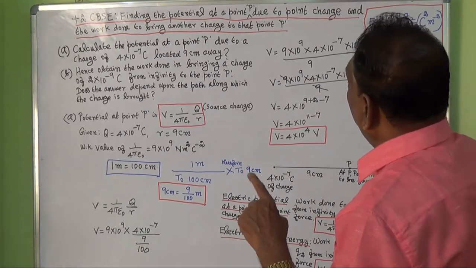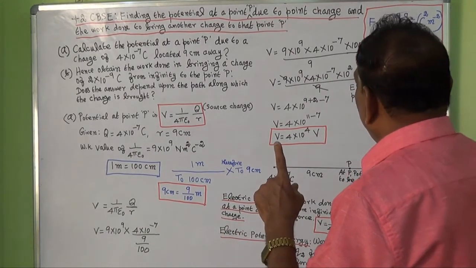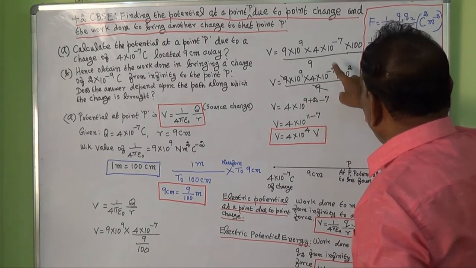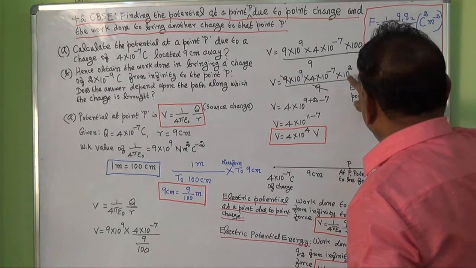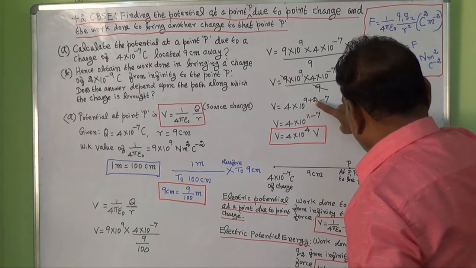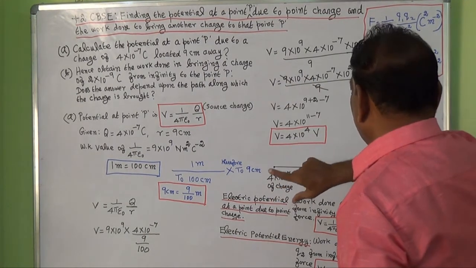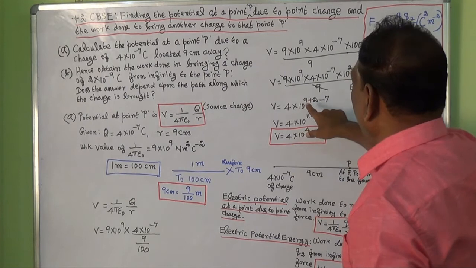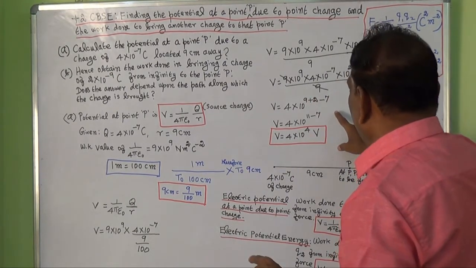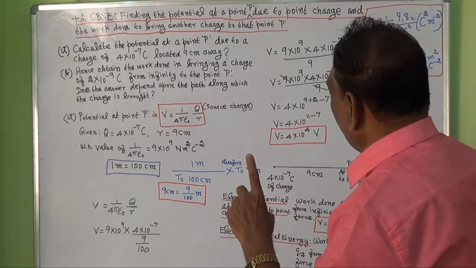On applying that principle, we are going to write 10 to the power of 9 into 10 to the power of minus 7 into 10 to the power of 2 as 10 to the power of 9 plus 2 minus 7. The 4 is written as it is. So if we add this power 9 plus 2, we will get 11. 11 minus 7, we will get 10 to the power of 4. 4 into 10 to the power of 4.